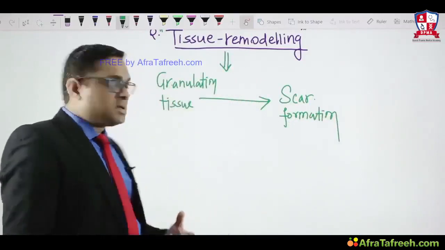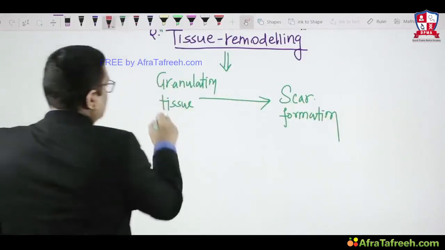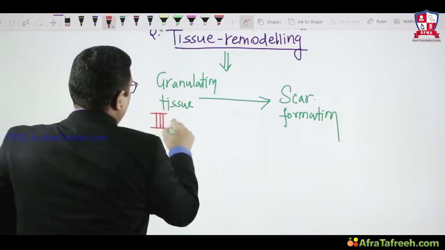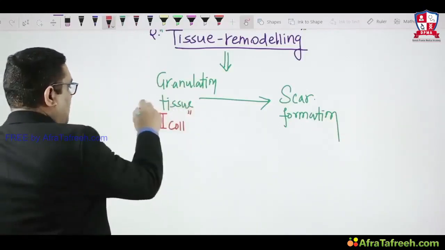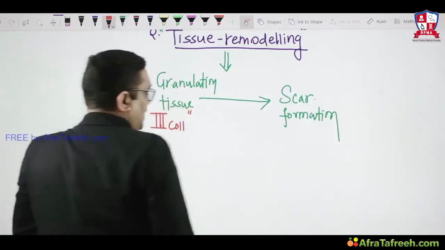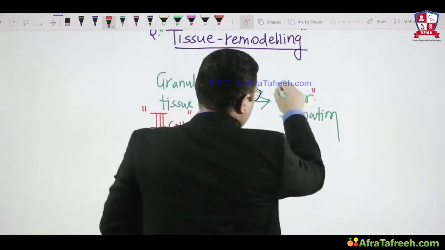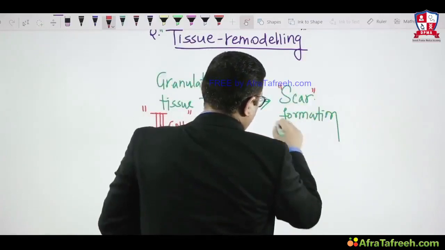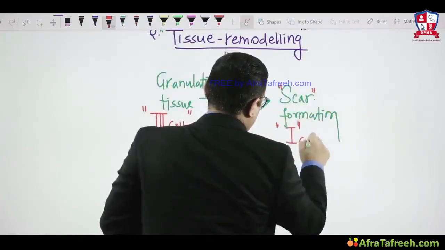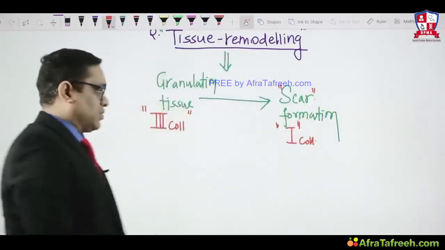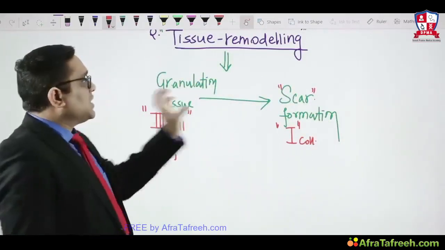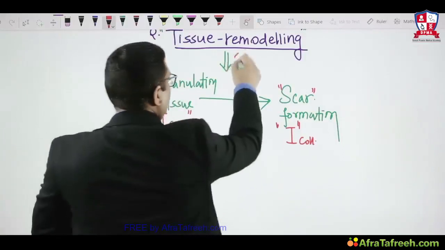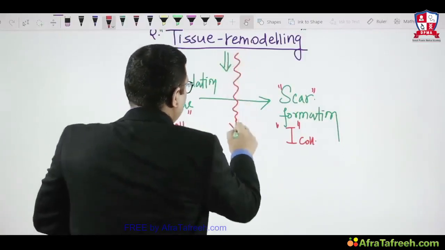What happens in this? As we all know, granulation tissue has which collagen? Type 3 collagen. So this type 3 collagen undergoes degradation, and after degradation, scar tissue has only one type of collagen, that is type 1 collagen. So collagen 3 degradation and collagen 1 synthesis is called tissue remodeling. Who is doing this? Which enzyme is responsible?